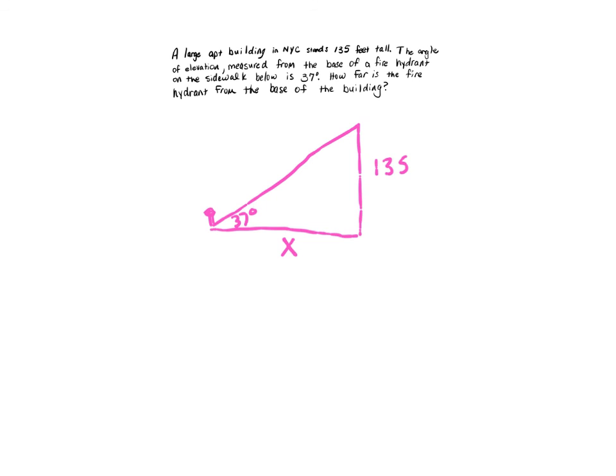What formula would we set up to find x? Opposite over adjacent would be sine, cosine, tangent, or cotangent. Which one? Tangent. So tangent of 37 is equal to opposite, which is 135, over x.